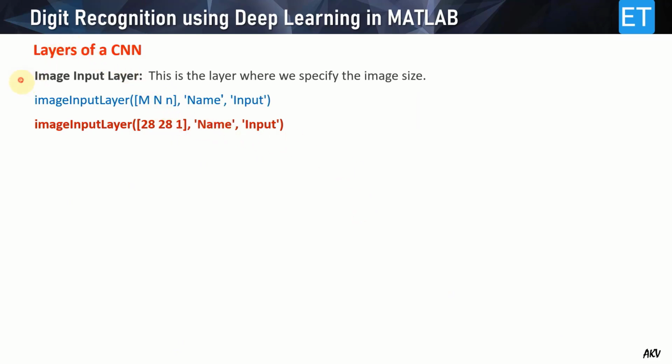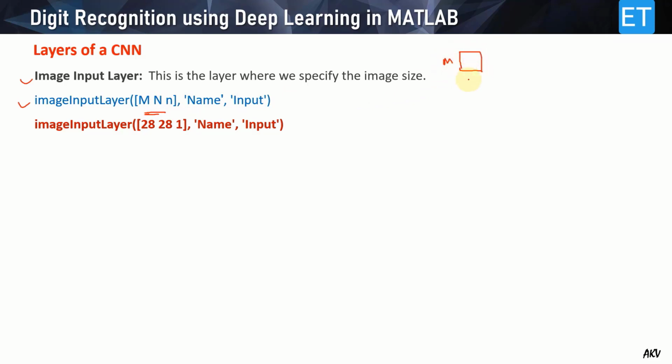So first let's see the input layer. The input layer of this CNN is defined by this syntax. So imageInputLayer is the command, and in brackets you define the m, n, and you give some name to this layer. It is optional, you can omit it. But what is this m, n? Actually it depends on the input image.